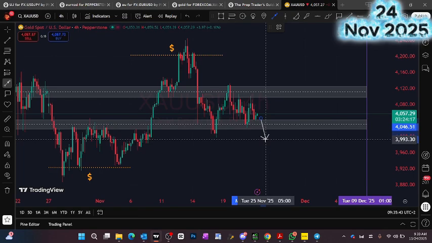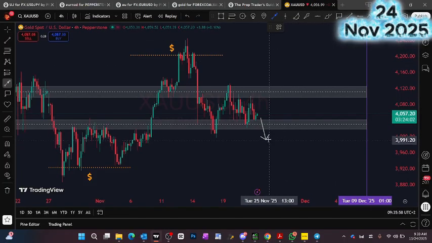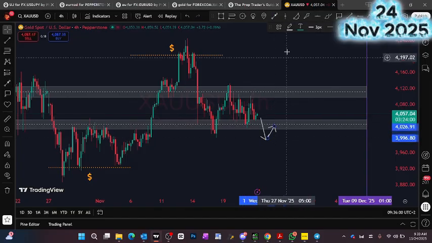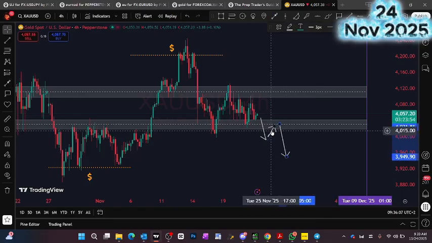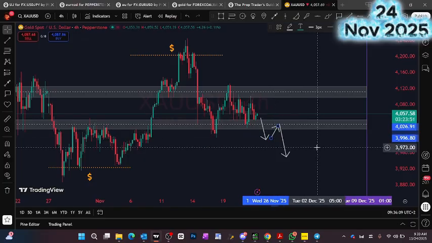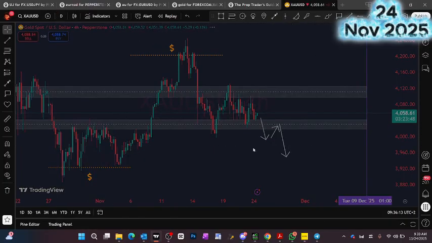If price breaks from this zone, this 4020, if price breaks this zone, it should come back, retest it, and then look for another retest, and then go down again. So let's go back to a daily and see.